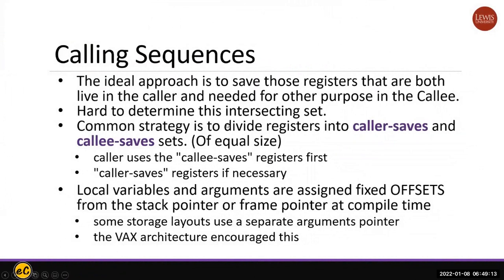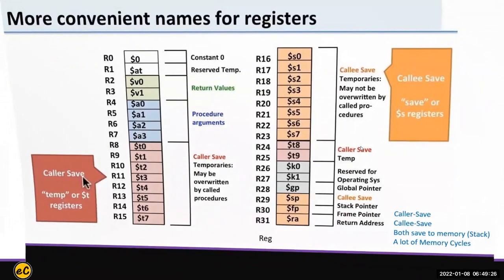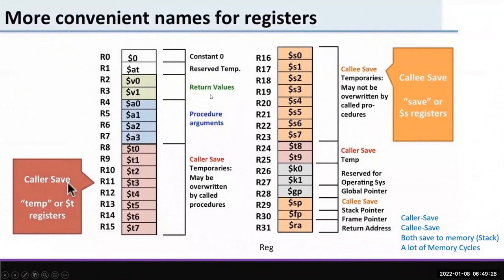So the calling sequence is divided into caller save and callee save. Caller is the mother function, callee is the child function. So here your register file has different responsibilities for caller save and callee save.